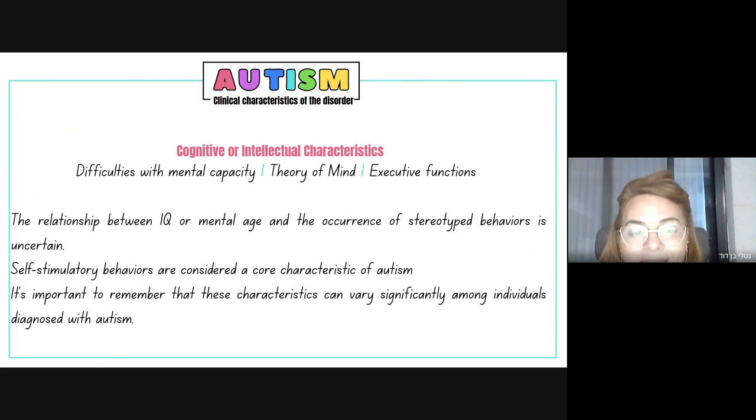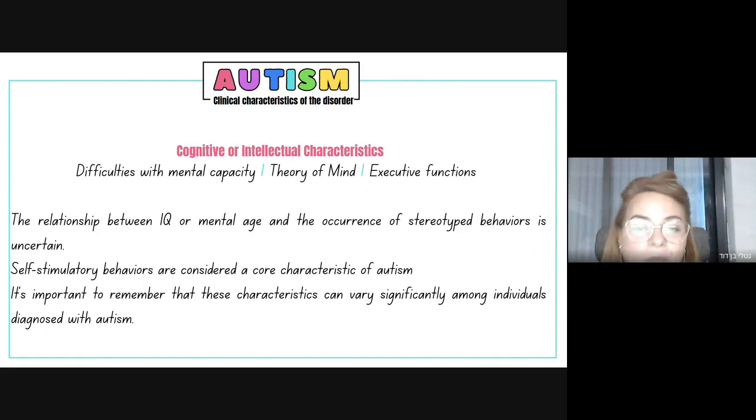Executive functions are fractionally observed, leading to challenges in planning, controlling, and regulating behavior, as well as difficulties in adopting new behavior.